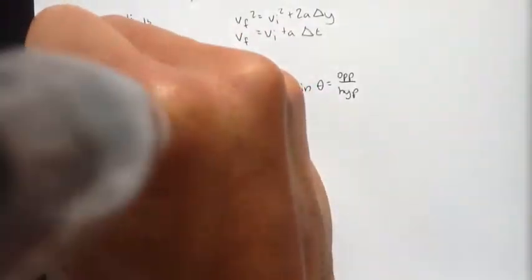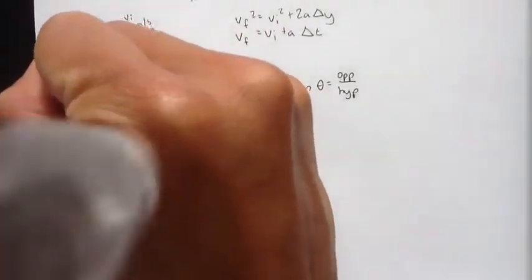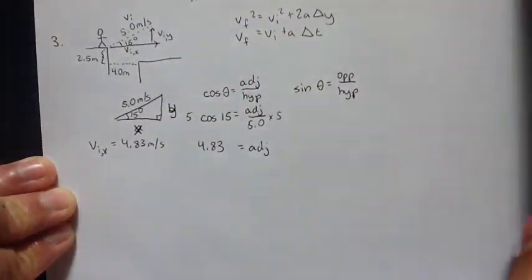So 4.83 is my meters per second in the x direction. So my initial velocity in the x direction is equal to 4.83 meters per second.